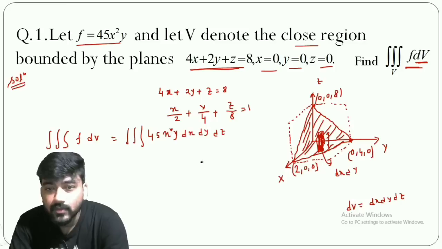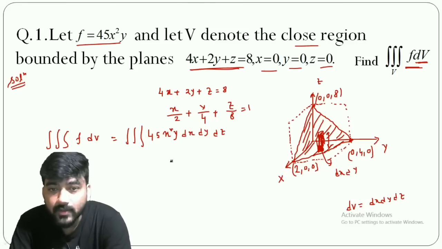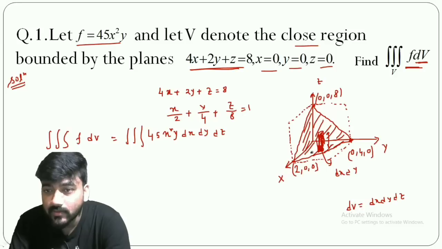Let me solve it with proper limits. Okay, what is the limit of x? You can see x will vary from, first, if this is dx dy, then this dx dy will vary from here to here, or you can say the plane will vary.